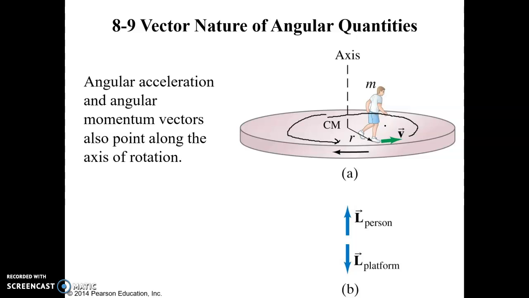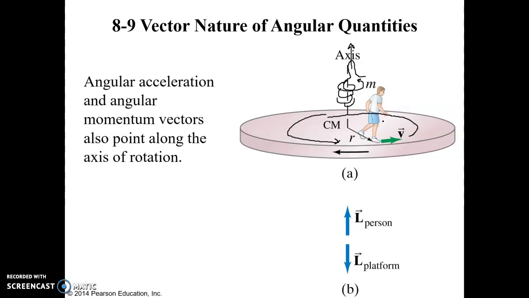So if we use our right-hand rule to determine the direction of his angular momentum, our thumb is going to point up. So his momentum is up.